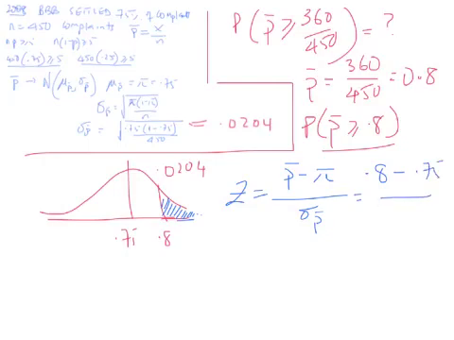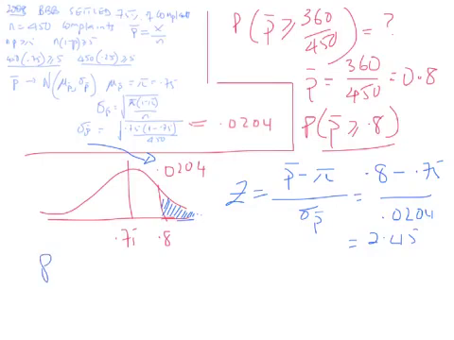And we've already computed sigma p bar. So we don't need to divide by the square root of pi times 1 minus pi over n. We already have the value, 0.0204. Let's see what that gives us as a z value.